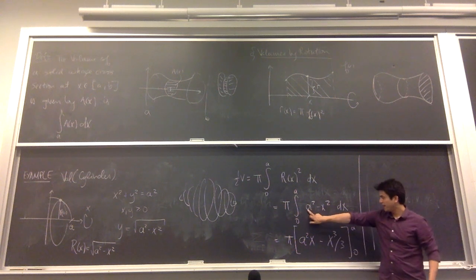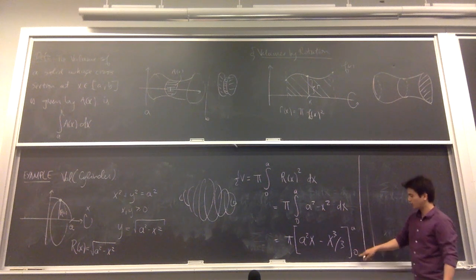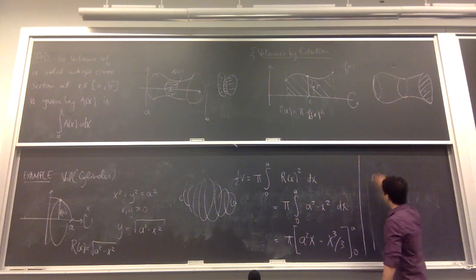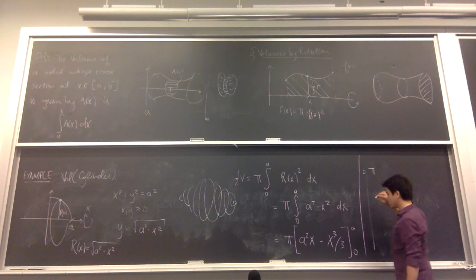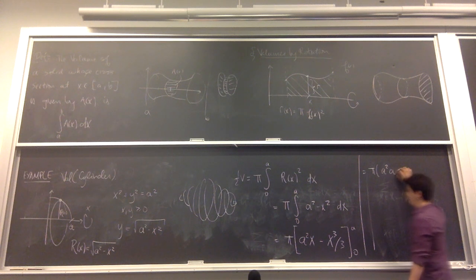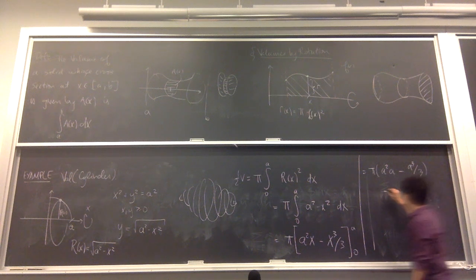Okay, so we have a squared x minus x cubed over 3. If I evaluate this, just notice that the bottom summand is going to give me 0, right? Because there's going to be a 0 in both places. So it's going to be equal to pi times a squared times a minus a cubed over 3 minus 0.